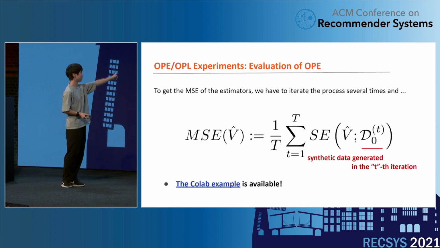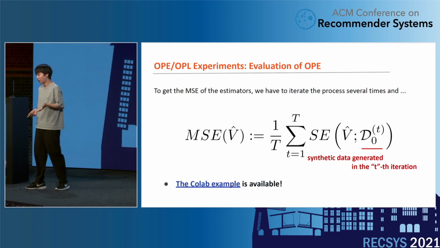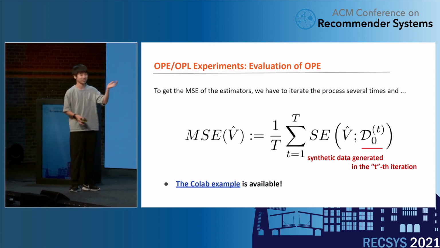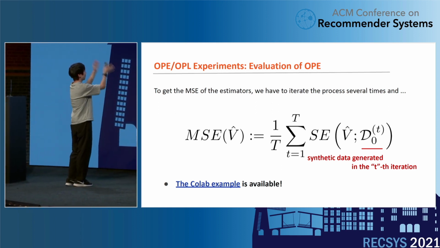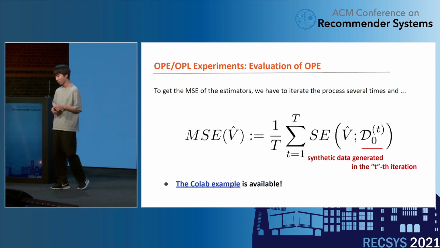Then you're going to have the mean squared error of each estimator, and then it's pretty easy to compare. You know what's going to be the most accurate estimator in the synthetic data. Okay. So that's going to be the whole policy learning experiment and policy evaluation experiment with the package.